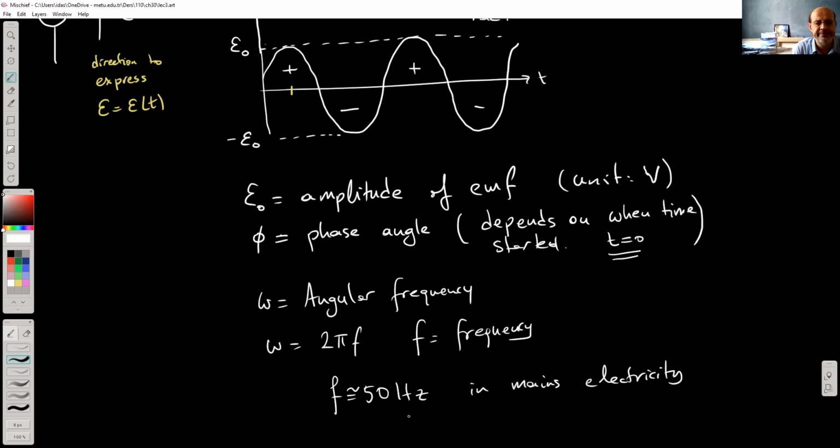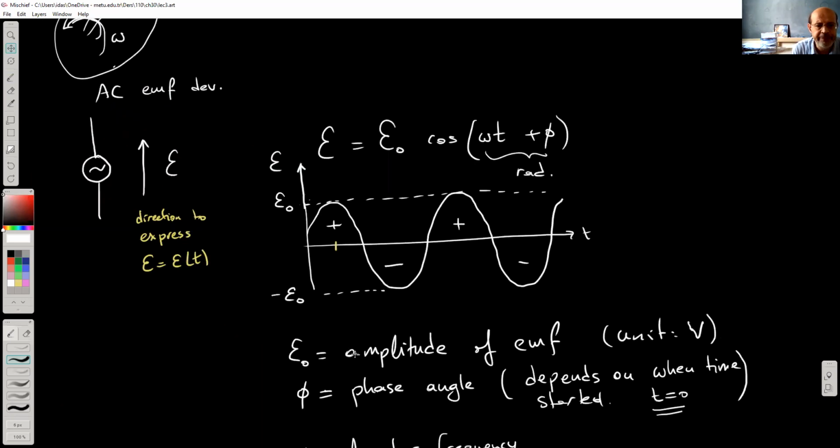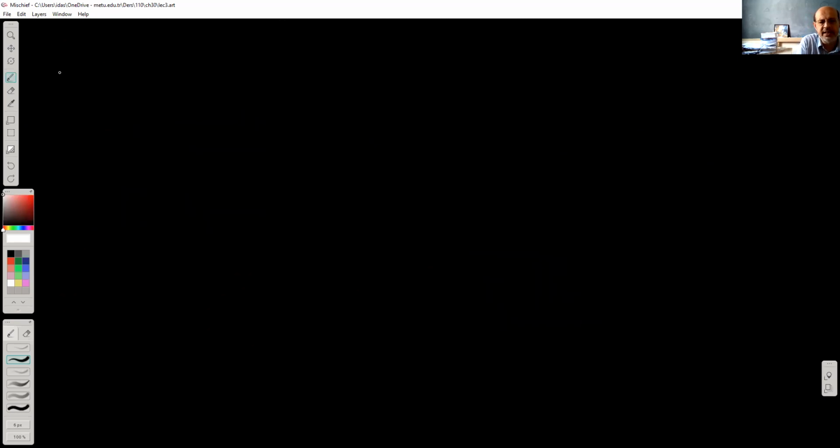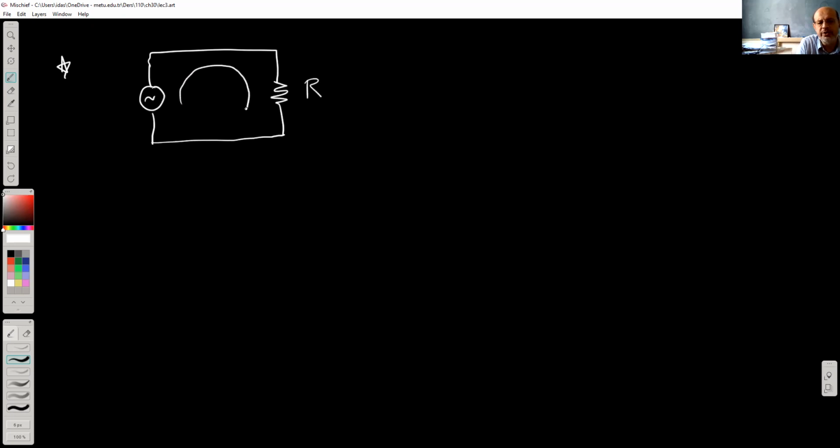Okay, so what else is in there? Nothing else. So we have the R circuit, where we have an AC EMF device connected to a resistor. There's going to be a current in here. I'm going to use the same direction to measure both the EMF and the current.